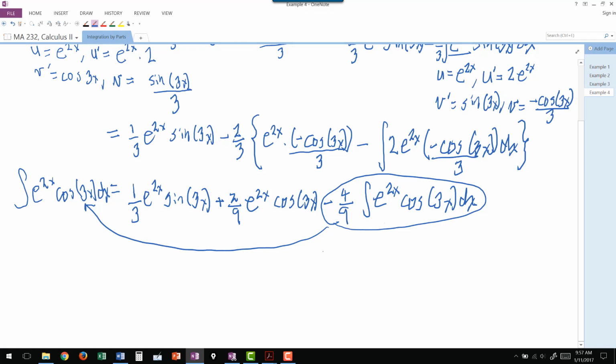So what that's going to do is it's going to make the left-hand side look like the following. The integral e to the 2x cosine 3x dx plus 4/9 of the integral e to the 2x cosine 3x dx.